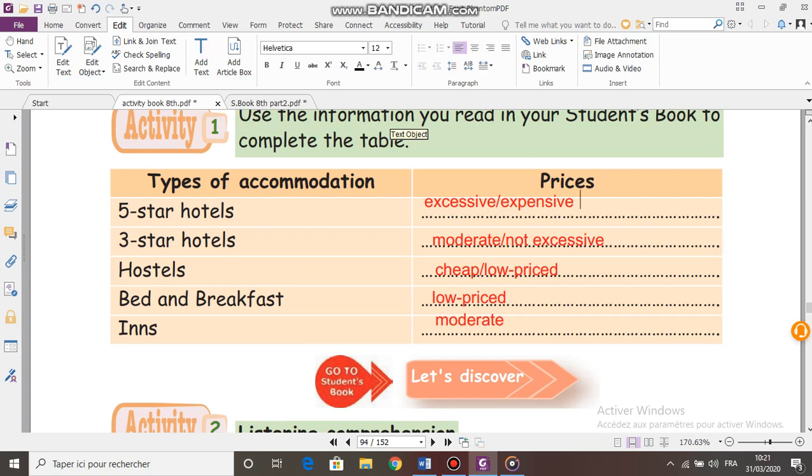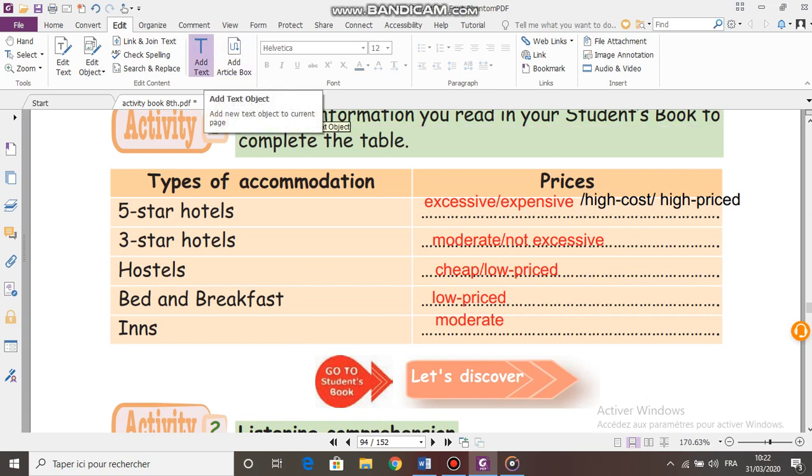We say excessive, expensive, or high cost. Same thing, it means expensive. We can also add high priced. Same thing, it means expensive.